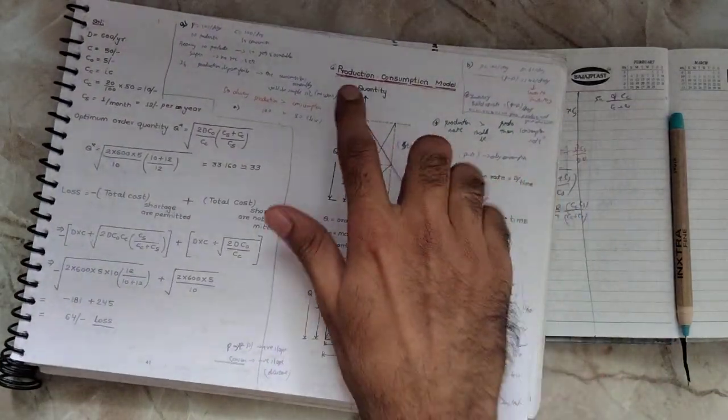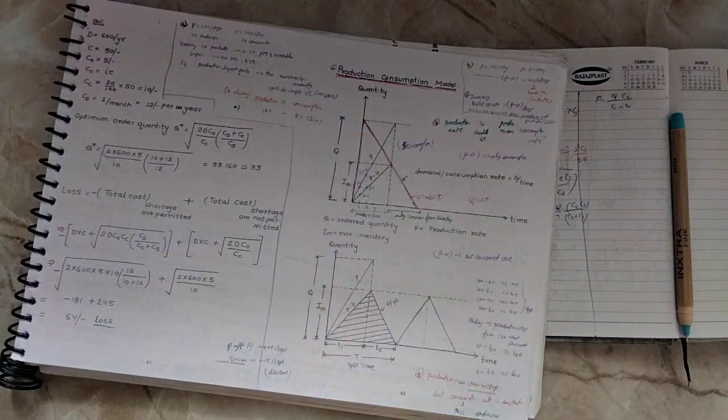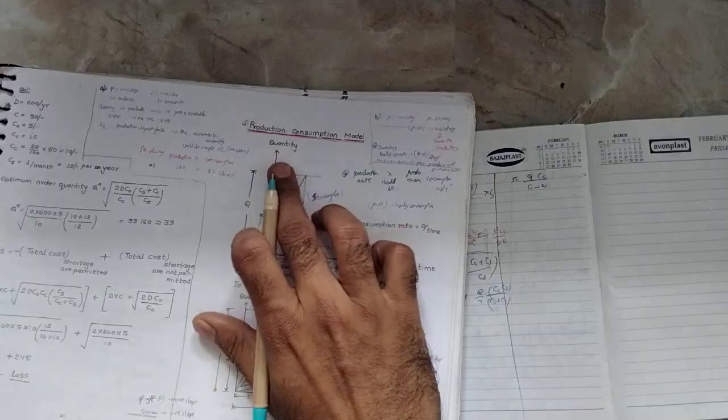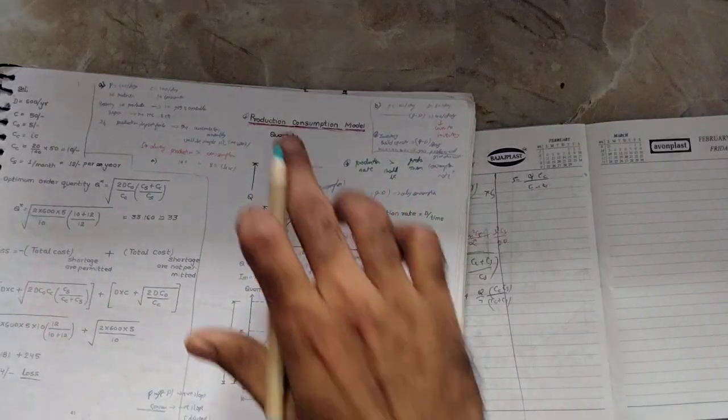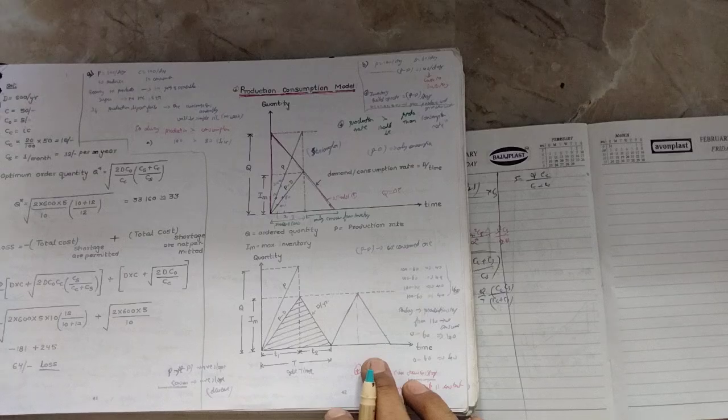Next is the production consumption model. So you can see this is the quantity, and I think you would have known about this one.